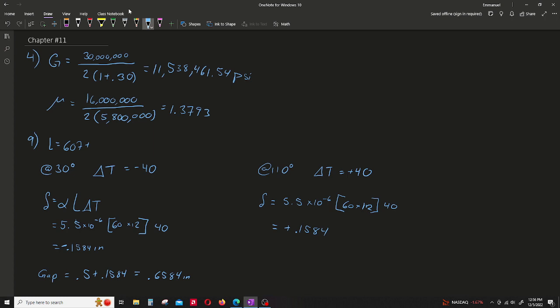And then for here, it would be basically the opposite. Again, we're dealing with the gap here. It would be 0.5 minus 0.1584. And so therefore we get 0.3415 inches.